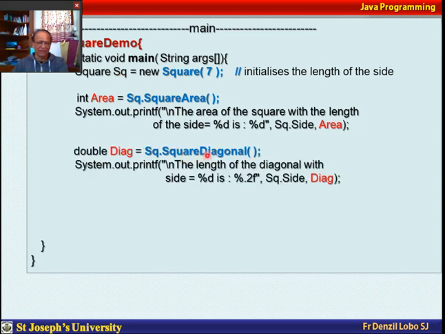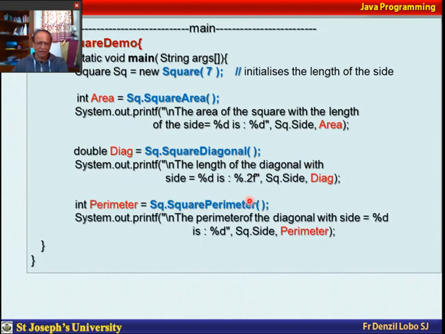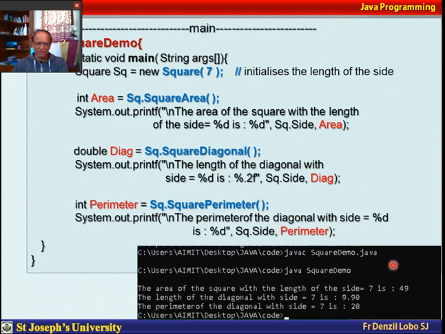Then I find the square diagonal of that square, and it is printed. I find the perimeter of the square, that is printed, and as you see, this is the result. So the area of the square with the length of the side 7 is equal to 49, and this is the length of the diagonal. This is the perimeter, 7 into 4, so it gives you the results.